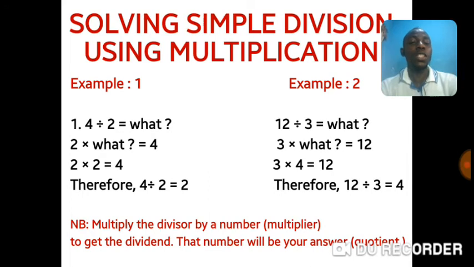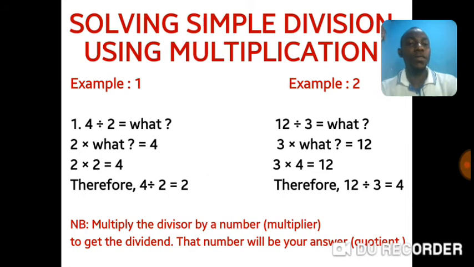And so the meaning of this is, always take your divisor, multiply or find the multiples of it till you get a number to be multiplied by it to get your total, which is the dividend. And as soon as you get that number to multiply by the divisor, that number will be your answer for the operation you are solving, which will be your quotient.